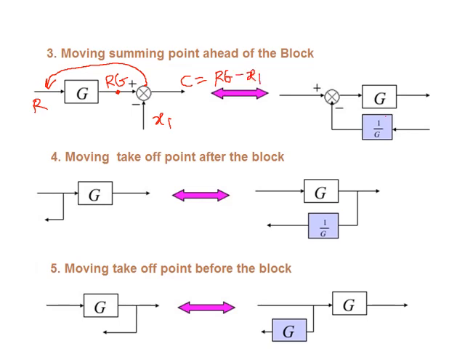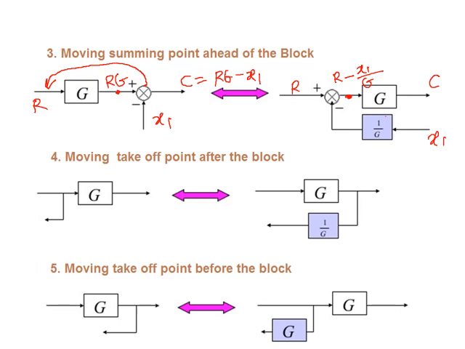Now we check here input as R, output as C, and this signal as X1. At the output of the summing point, the output will be R minus X1 upon G.